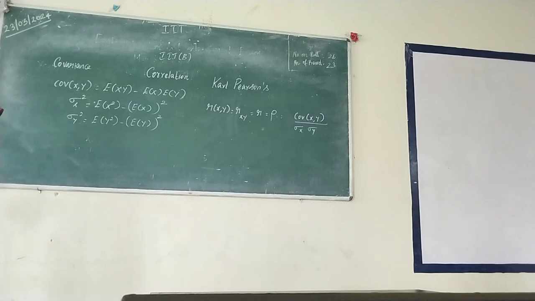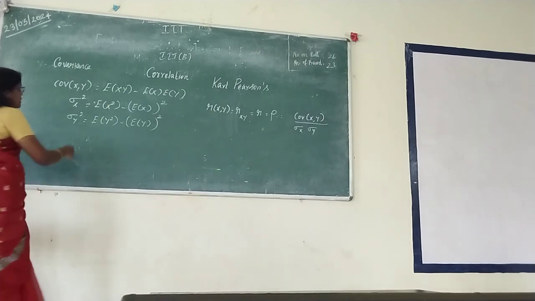Here also we apply the same formula. Expectation of x is summation of x by n. Expectation of y is summation of y by n. Expectation of x square is summation of x square by n. Expectation of xy is summation of xy by n. It is a general formula, simple logic.